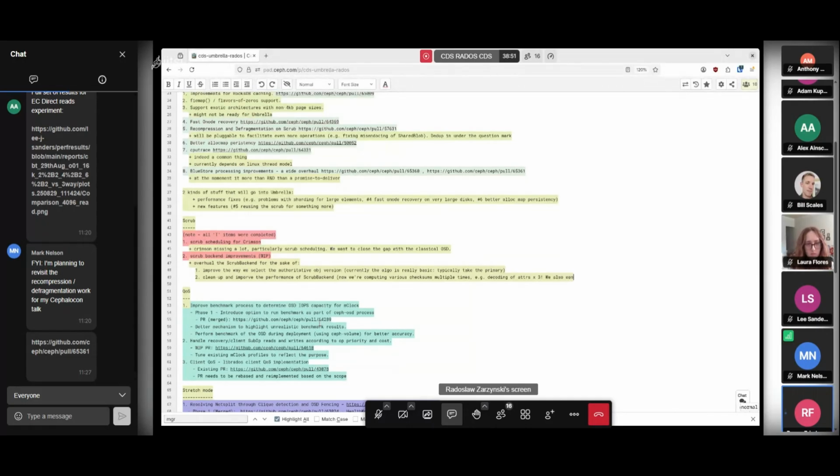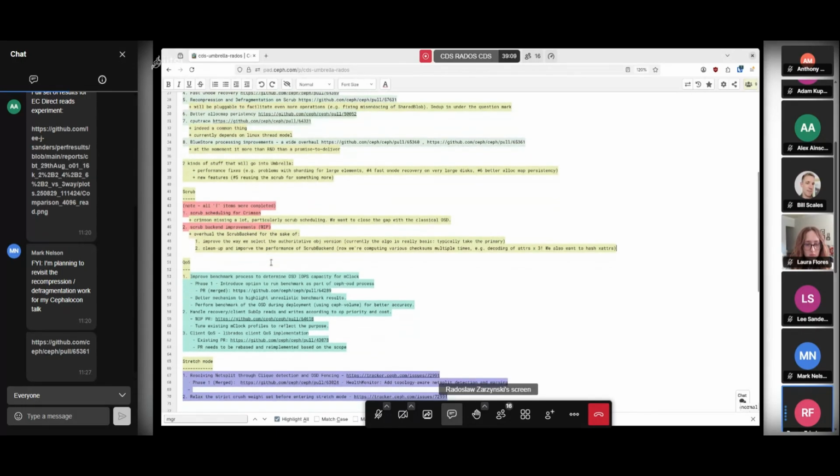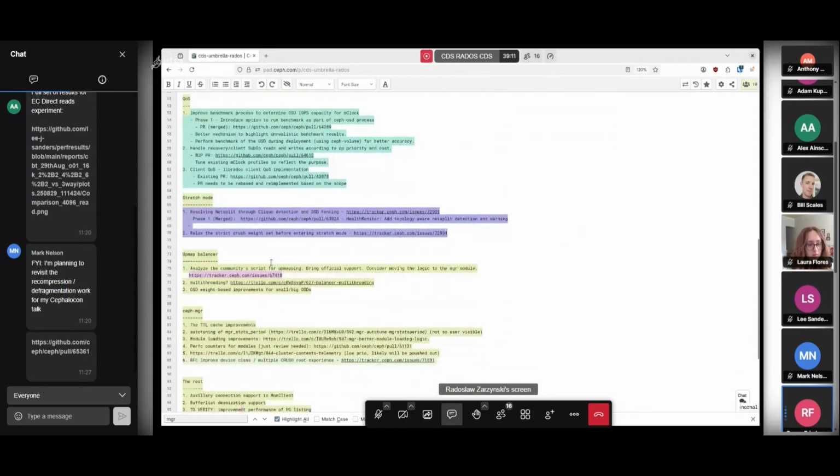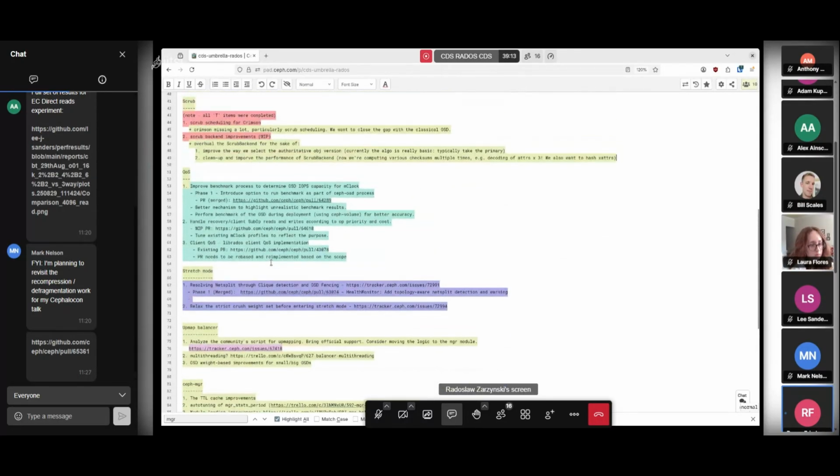So I'm expecting cleaner code and somewhat better performance, mostly if problems are encountered. And yeah, I know what I'm going to do, and it's a multi-step process which I started, and I hope I will finish it for Umbrella.